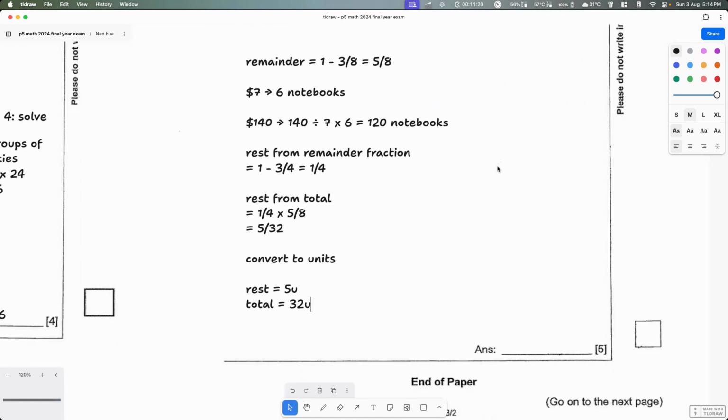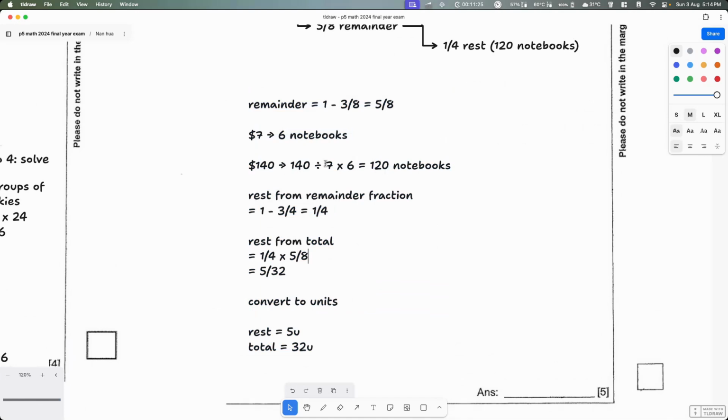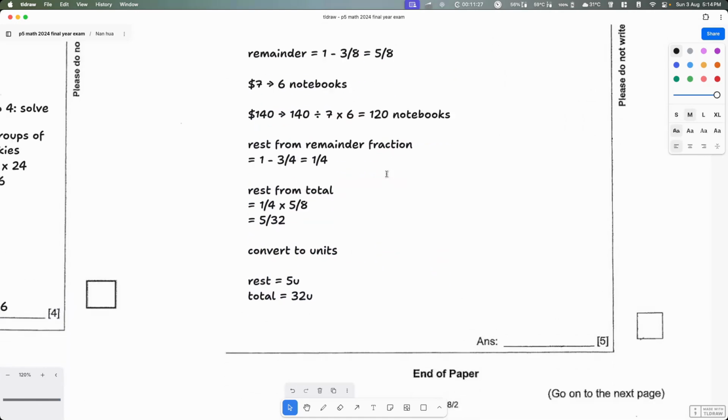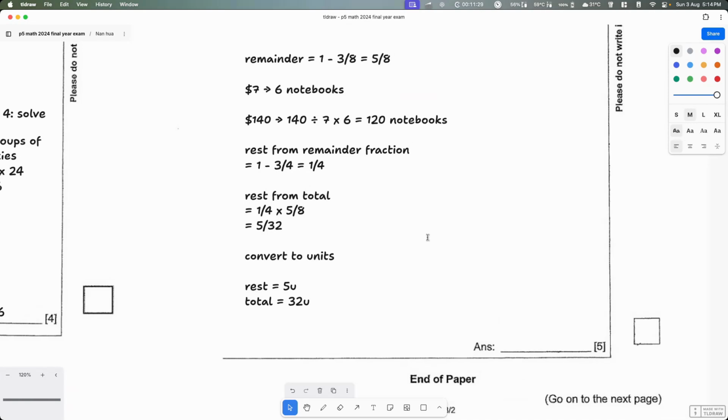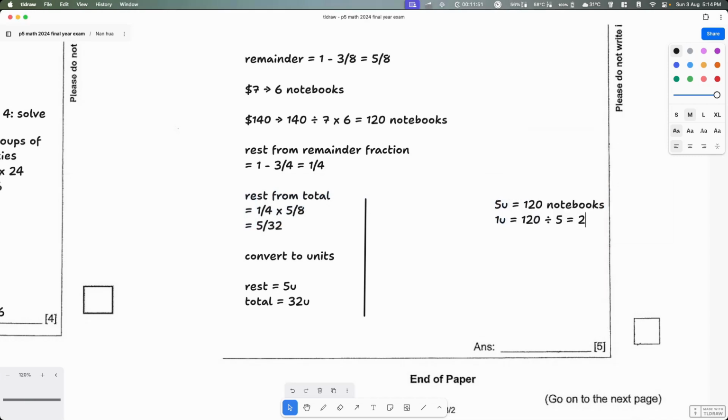How many notebooks did Mr. Lee have at first? We know that 120 is the rest, 120 notebooks. So lastly, I'm going to draw a line over here so we can separate. We know that 5 units is equal to 120 notebooks, and 1 unit is equal to 120 divided by 5, which is 24.